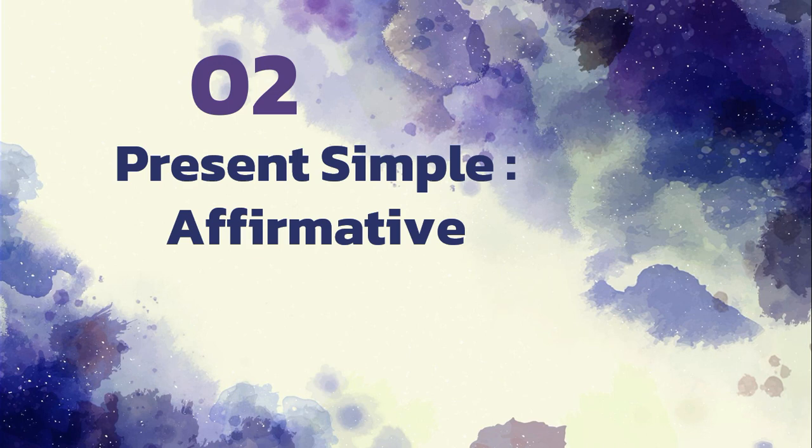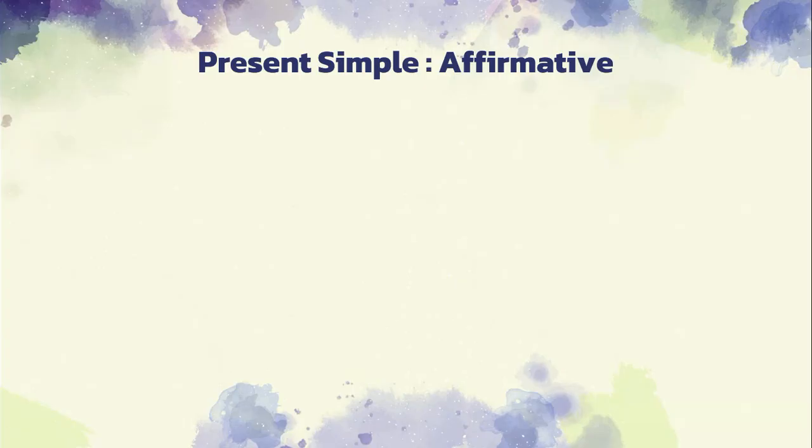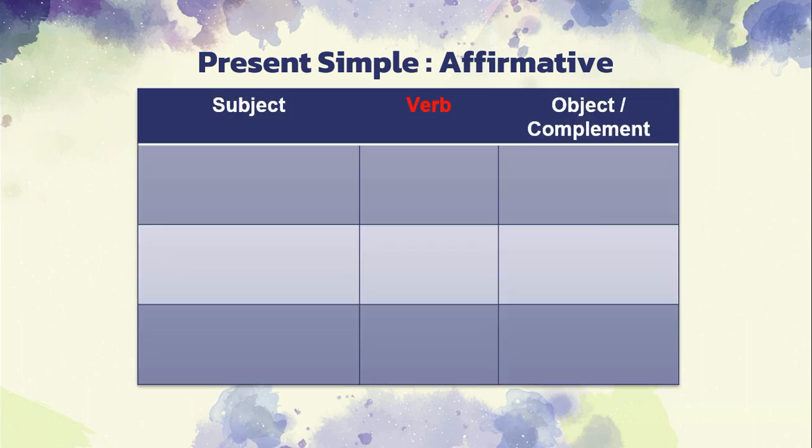Activity 2. Present simple, affirmative. Let's learn how to form affirmative sentences using present simple. To construct a sentence, always remember that a sentence consists of subject, verb, object, or complement.